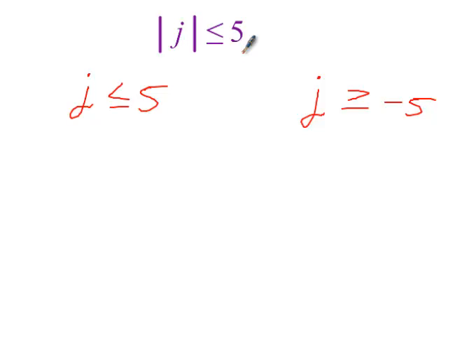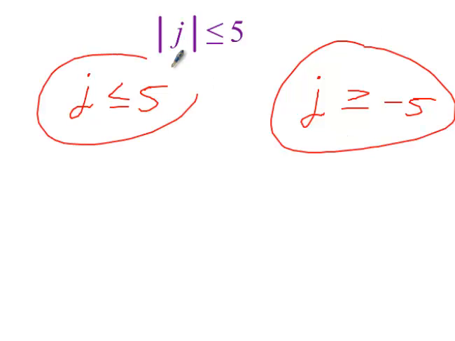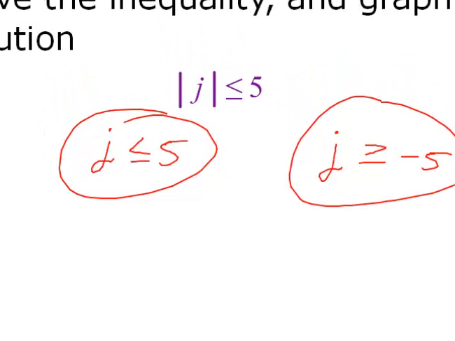Now we want to get J by itself, but what do you see? J is already by itself, so now these two are solved. So now they want us to graph them. So we're going to graph less than or equal to 5, greater than or equal to negative 5.